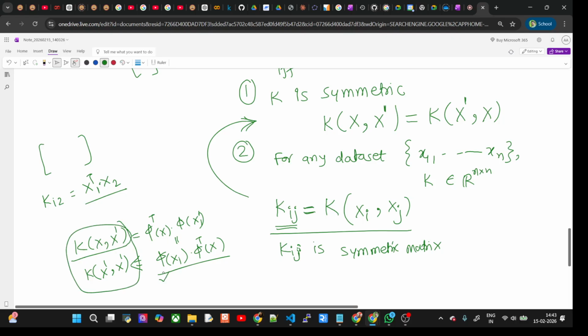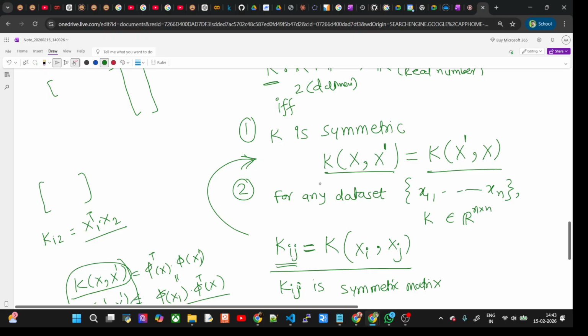If you are able to solve this, then you will also say that these are symmetric. I'm not going into that complete derivation, but you just need to know these are the compulsory conditions.